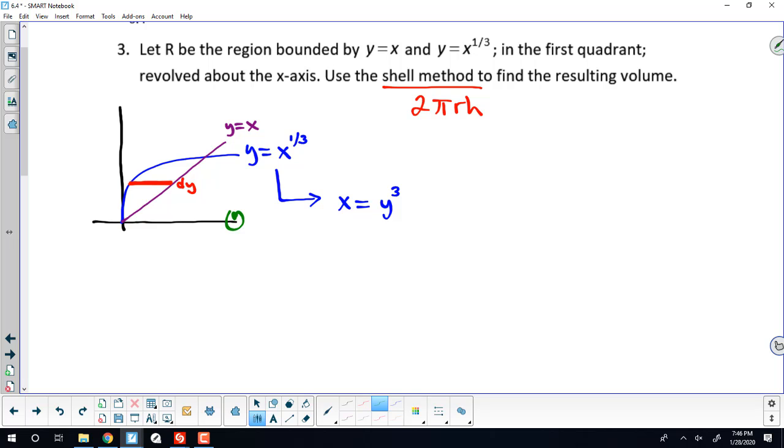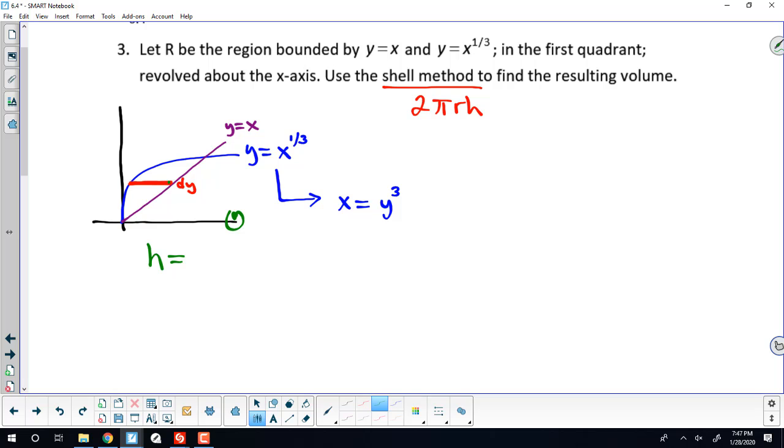Anybody else? What were you saying, Alice? What is our height here? What's the height of each one of our shells? The top minus the bottom, so the y cubed minus y.